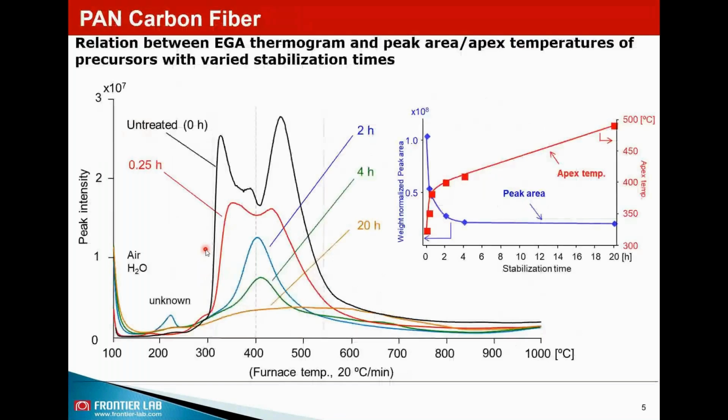The first data I'm sharing here comes from the evolved gas analysis. We are trying to show the relation between the EGA thermogram, the peak area, and the apex temperature of the different precursors, which are stabilized for different durations: from untreated at 0 hours, to 0.2 hours, 2 hours, 4 hours, 20 hours, and so on.